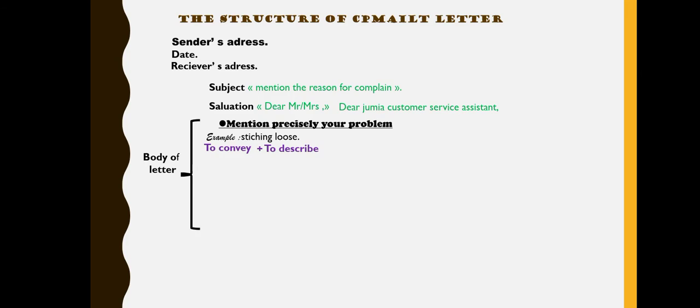The description means you have to add many details, such as telling him the story, for example, when did you order, the time and the date, and mention the price of that product, and how did you discover that problem, whether with the service or the product itself.